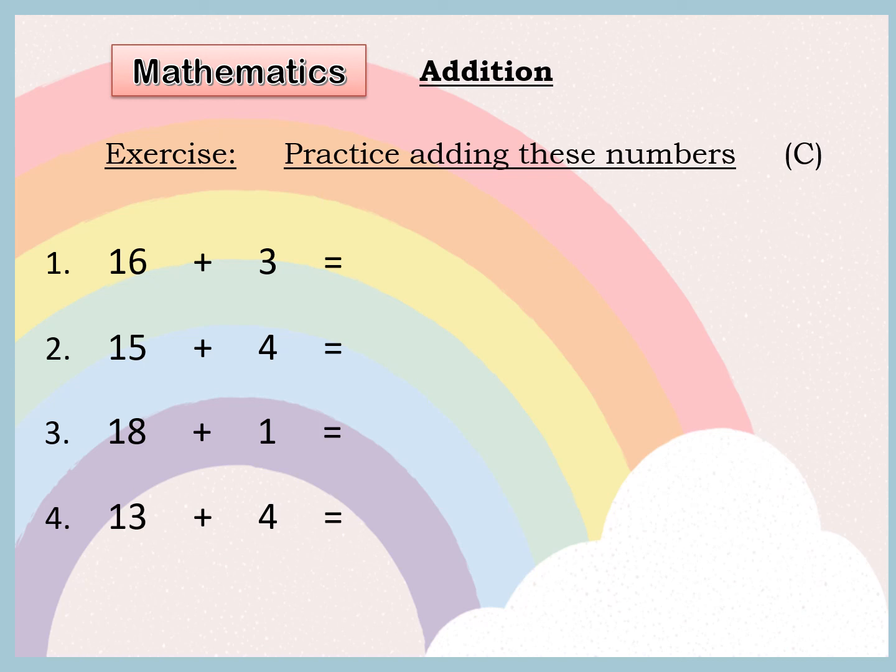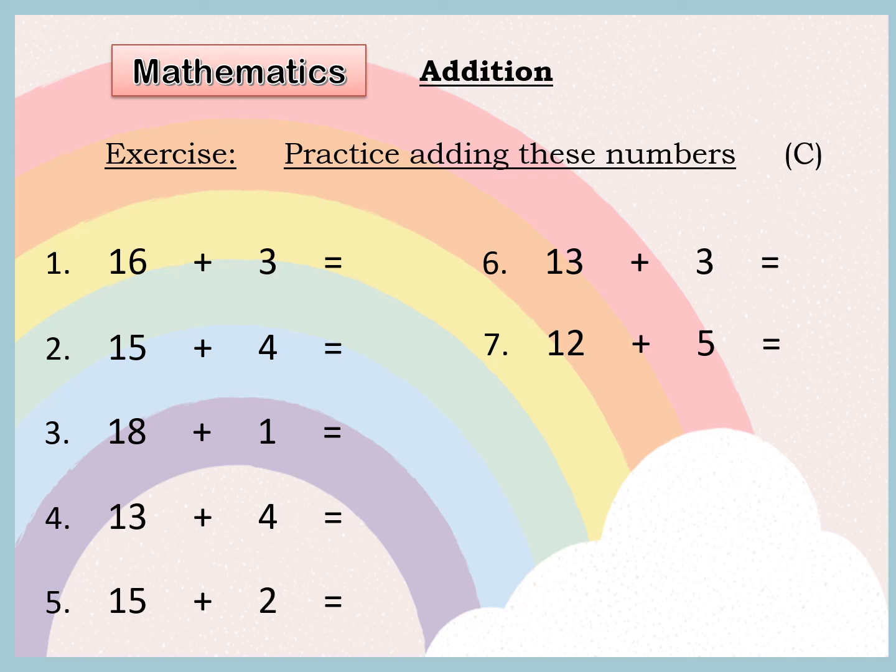Number 5, we have 15 plus 2. Number 6, we have 13 plus 3. Number 7, we have 12 plus 5.